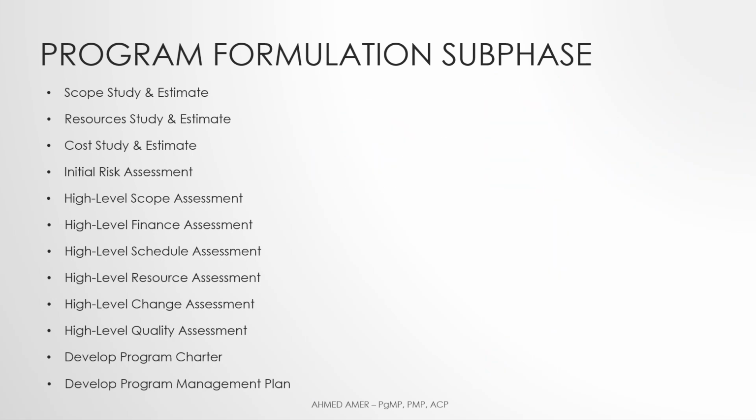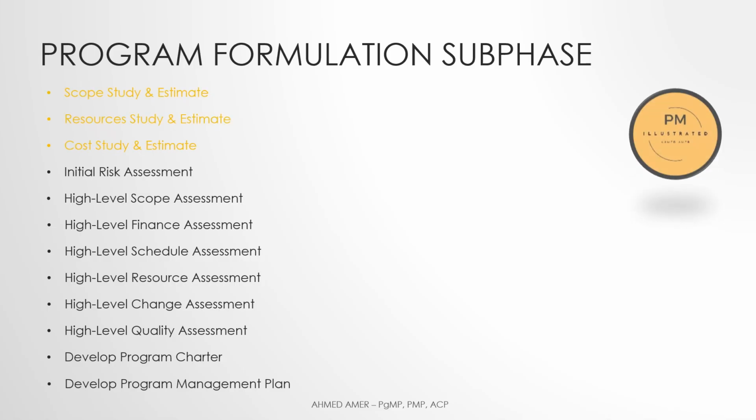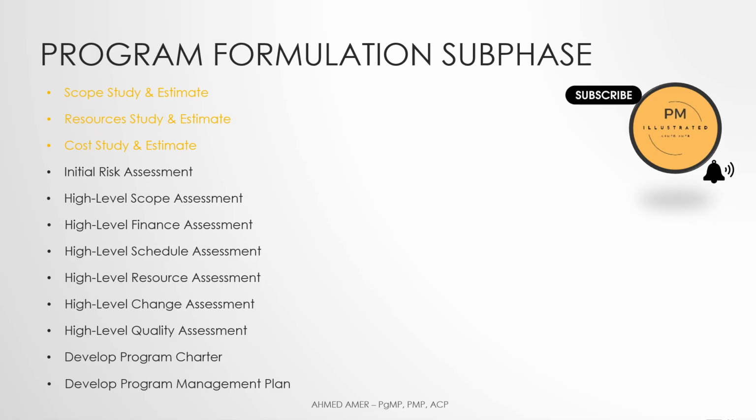Be mindful that the studies of scope, resources, and cost are helpful in assessing the organization's ability to deliver the program. At this point in the program's life cycle, program prioritization takes place against other organizational programs using all available information.